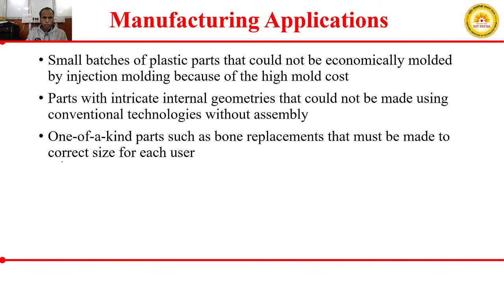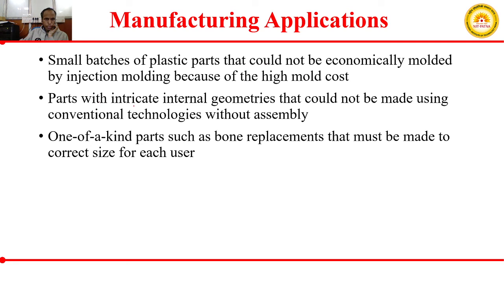Then there are manufacturing applications of RP technology. These may be used in small batches of plastic parts that could not be economically molded by injection molding because of the high mold cost.